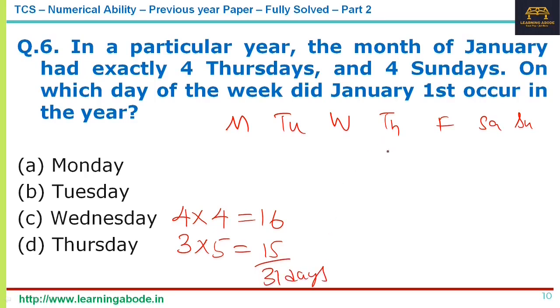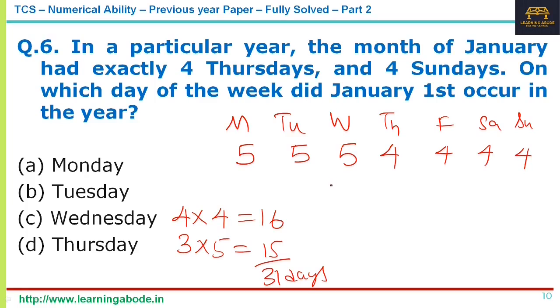Okay. Now the question says 4 Thursdays and 4 Sundays. Okay. So which means Fridays and Saturdays also should be, because it is consecutive, right? So the number of days will be consecutive, right? So in which case there'll be 5 Mondays, 5 Tuesdays, and 5 Wednesdays. Okay, it has to be consecutive, whether it is 5 or 4.